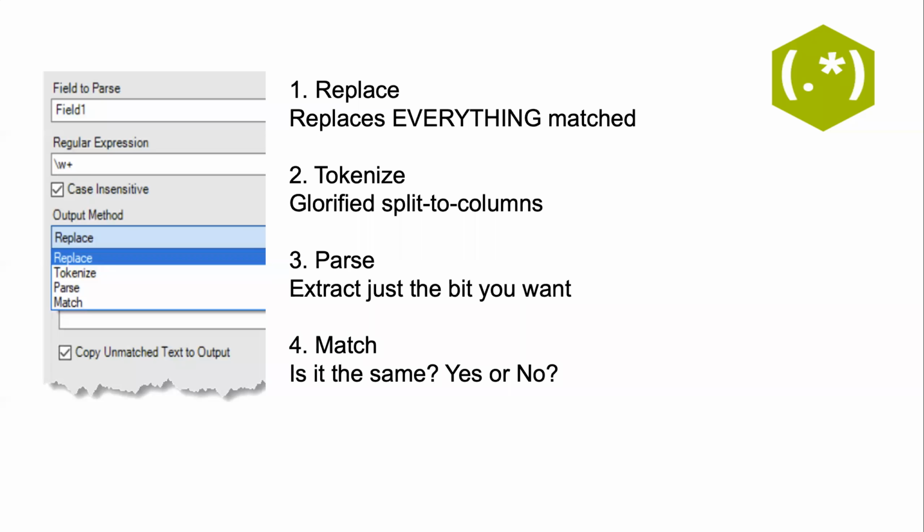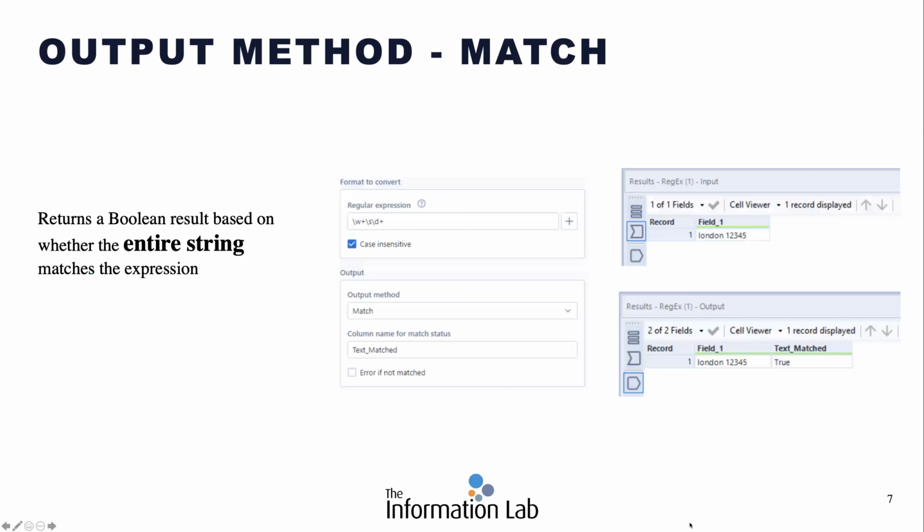All right, so let's start with the match. With this one, it will return true or false based on whether the entire string matches the expression. For example, we have here London space 1, 2, 3, 4, 5.